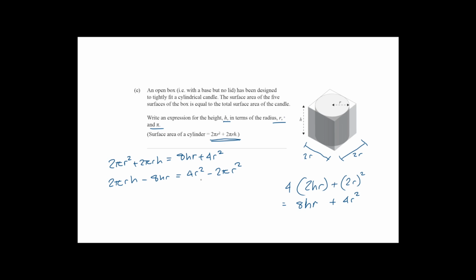And here's why I'm going to do that. I'm going to factor out the h. And I think that's going to factor out as well, but we'll do that in time. Then I'm going to divide the whole thing by that.